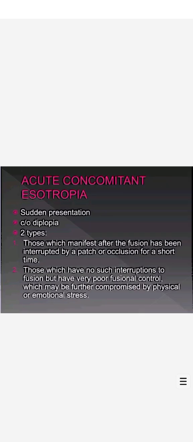Management: treat amblyopia with occlusion therapy; prognosis is good if treatment is in younger children. Acquired convergent esotropia has sudden presentation with diplopia.